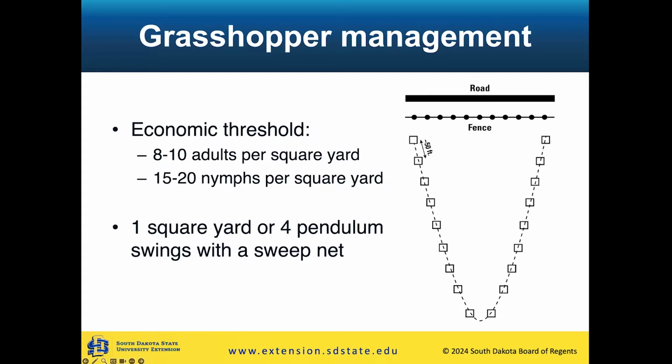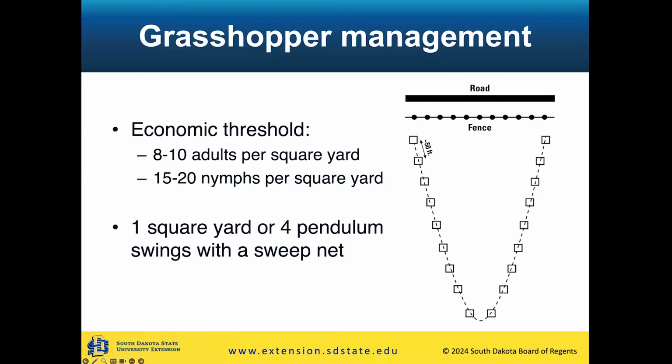Or you can do, again, with a sweep net, excellent tool, 4 pendulum swings. That equates to that 1 square yard. And you can do your scouting that way as well. This diagram here shows an option for doing this type of scouting.